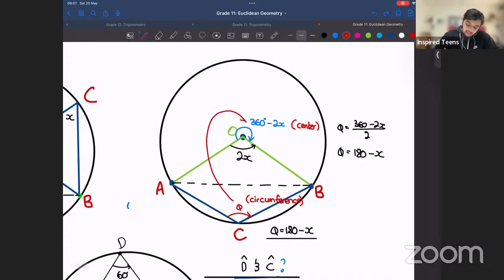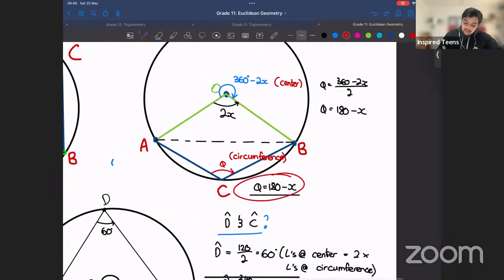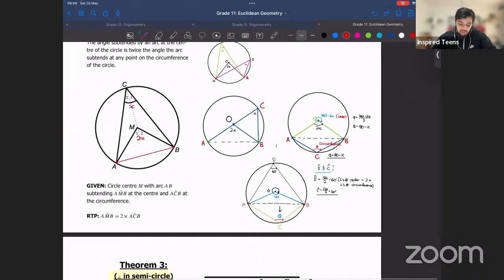For the reflex center angle at the center. So the circumference angle in the other segment is half of the reflex center angle. Just keep that in mind. We solved it, it was actually 180 minus x. This is double of that, 360 minus 2x. We did another example there.